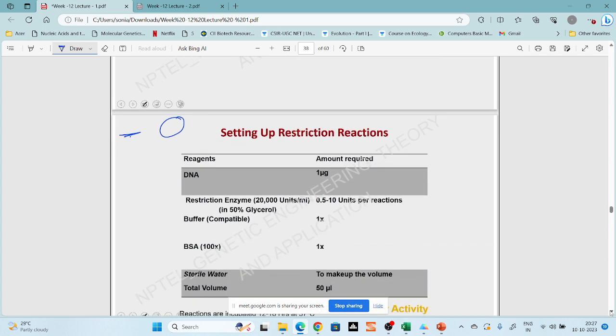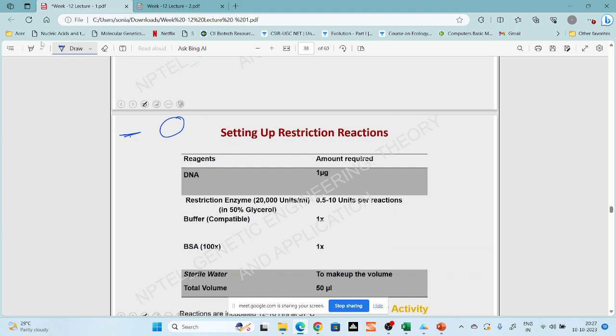Also, one important thing: when you are isolating your gene of interest through PCR, that means you know the gene sequence. Mostly we know the gene sequence, and mostly we do it through PCR. It's not just that you design primers, set up a PCR reaction, and get the product. No, you have to run a gradient PCR.